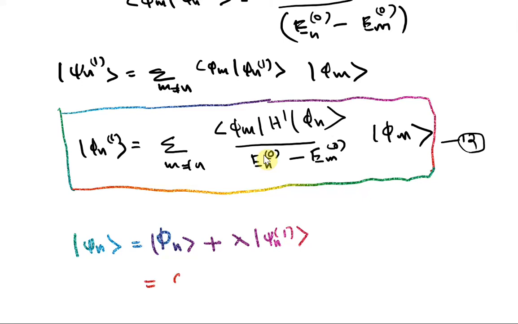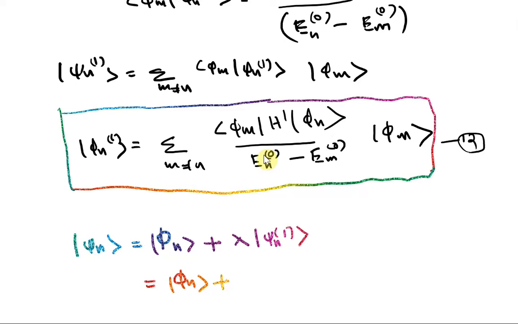That will give you phi n plus lambda into this term psi n1, that is this term, lambda multiplied with h dash will give you hp, right? That is a correction in our Hamiltonian. hp is the correction term in our Hamiltonian.